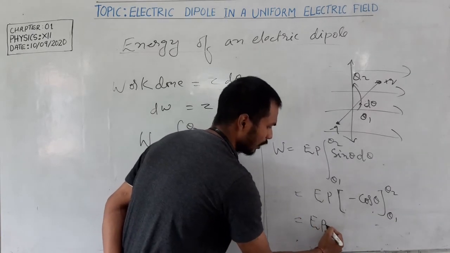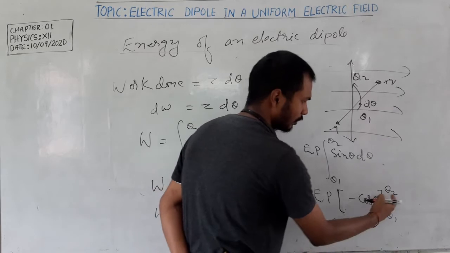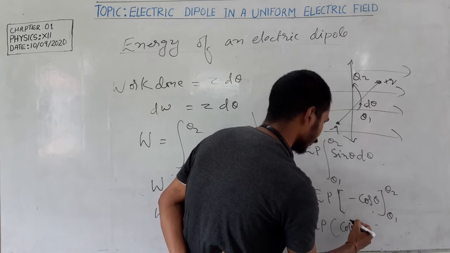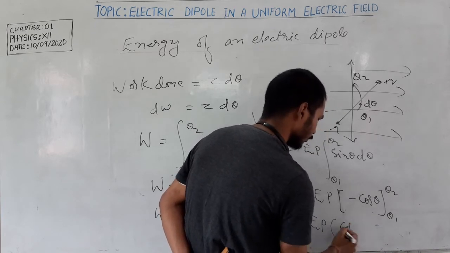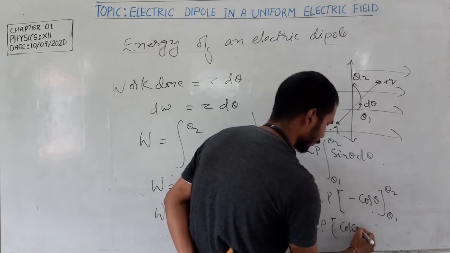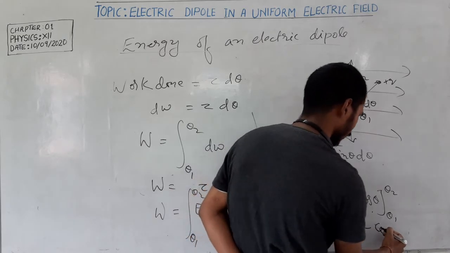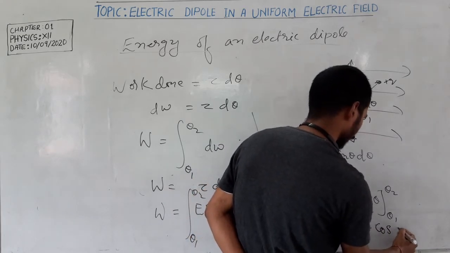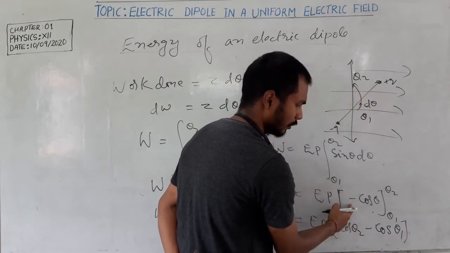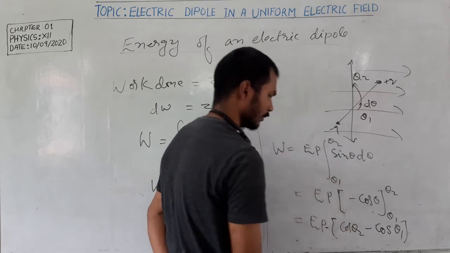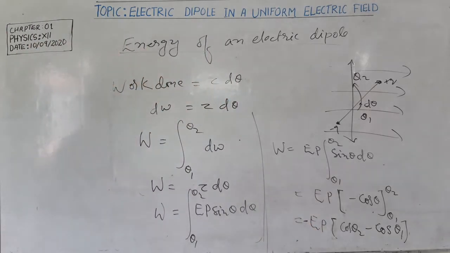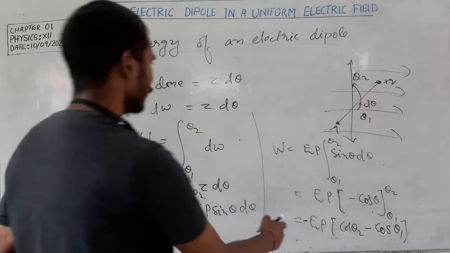So we can write EP, cos theta 2 minus cos theta 1, and this has a minus sign, this is negative. So this is the energy of the dipole.